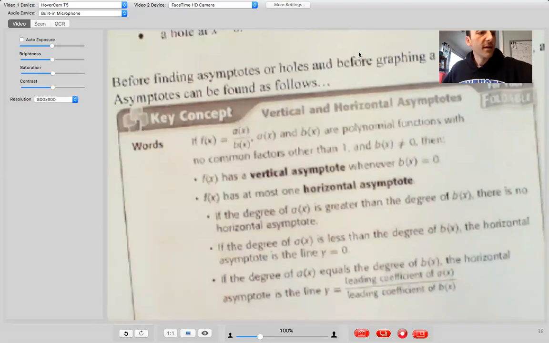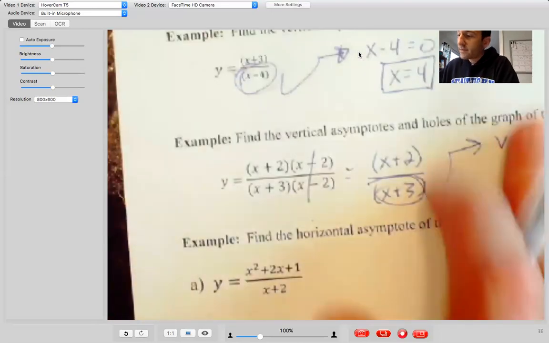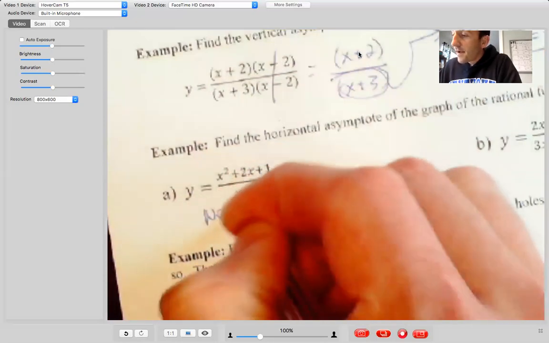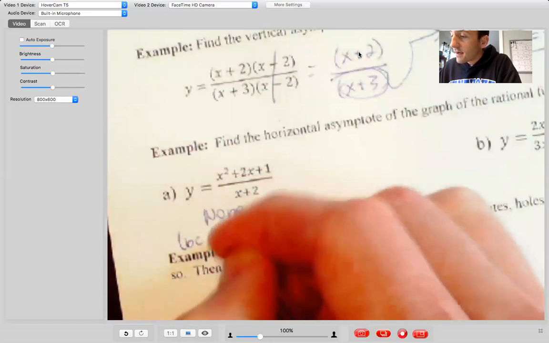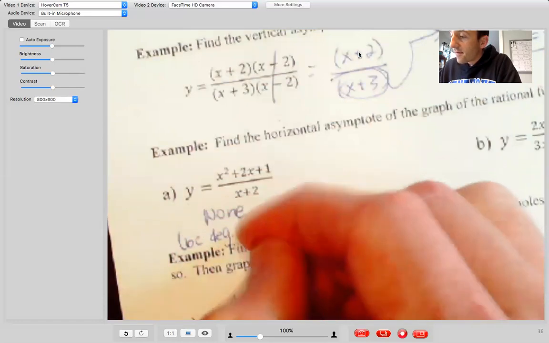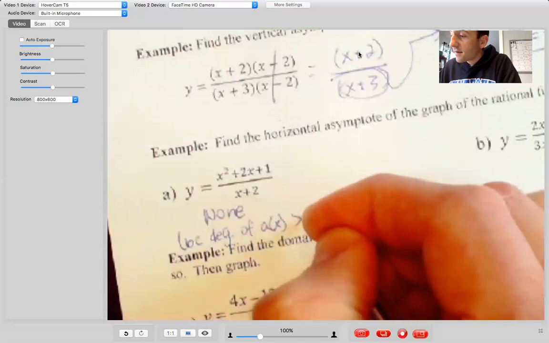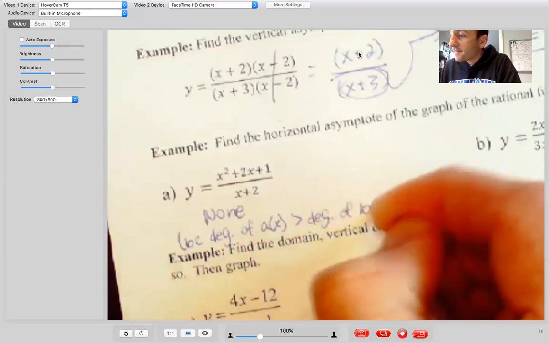So in this case, the answer would be none for part A. And again, that's because the degree of a of x was greater than the degree of b of x.